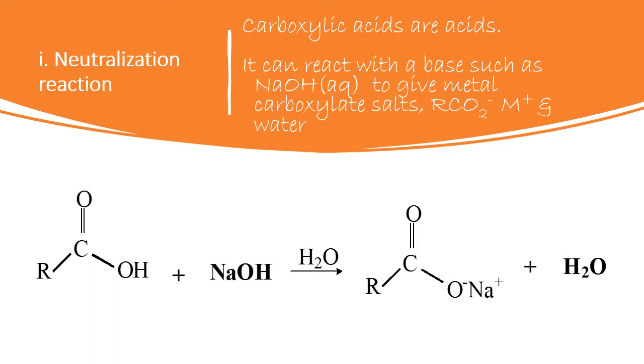For example, this aliphatic carboxylic acid reacts with a base to give salt and water. At the end, the final product will be RC double bond O, O minus, Na plus.